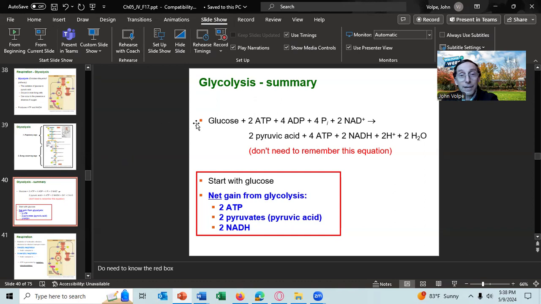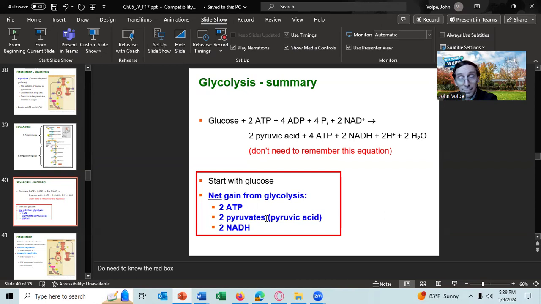The summary of glycolysis is you start with glucose, and then you have a net gain from glycolysis of 2 ATP generated, a net gain, 2 pyruvates, and that could be called pyruvic acid. The cell will treat pyruvic acid and pyruvate the same.